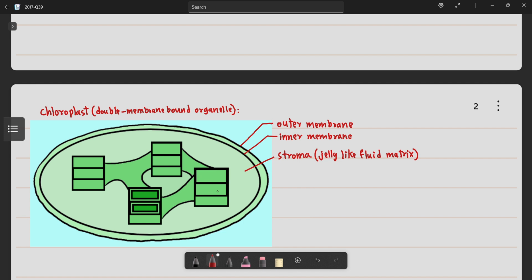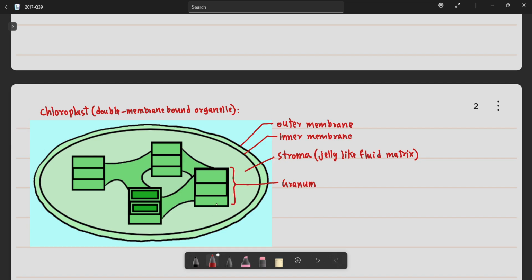Okay, and the next one is these things that you see, the rectangle-like, disc-like structures. When you stack these discs together, these stacked discs are called grana.